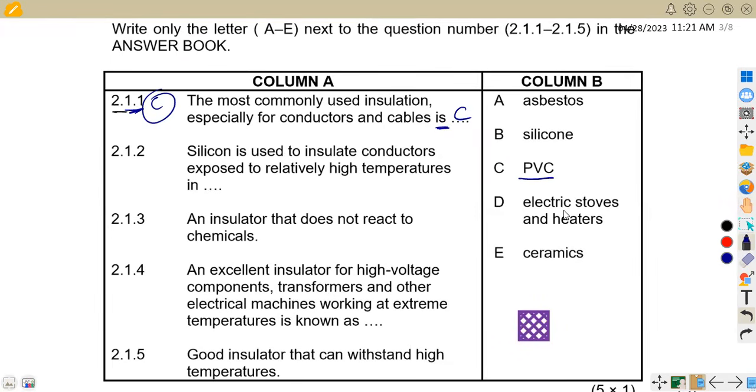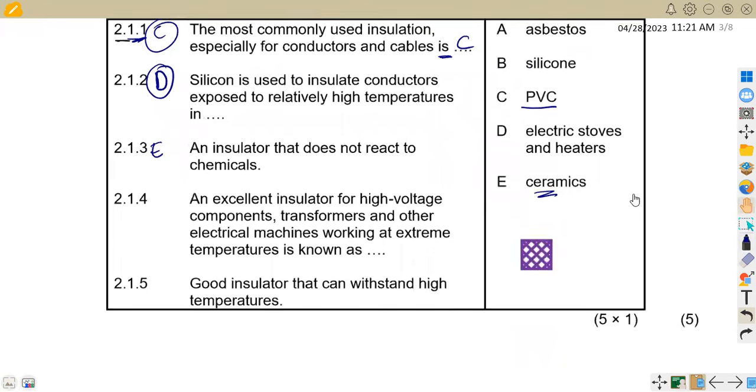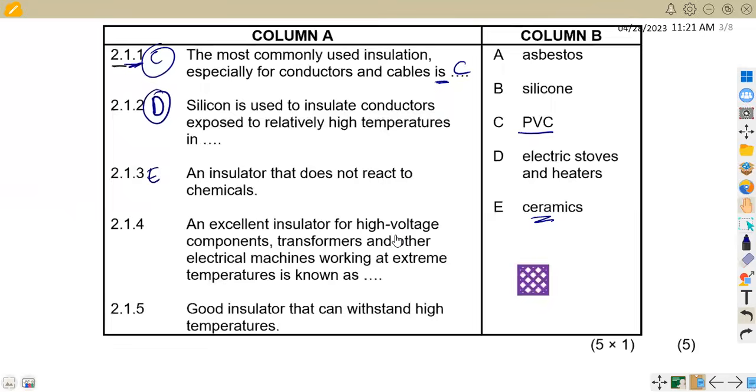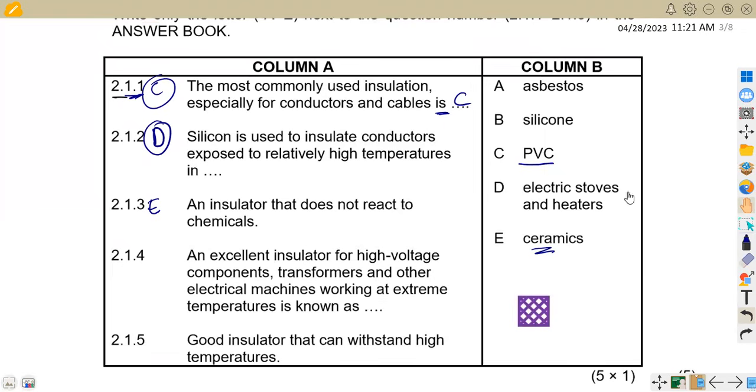That is in electric stoves and heaters, which is D. An insulator that does not react to chemicals, that's ceramic, so that's E. An excellent insulator for high voltage components, transformers, and other electrical machines working at extreme temperatures is silicone, which is B. And a good insulator that can withstand high temperatures is asbestos, so that's A.